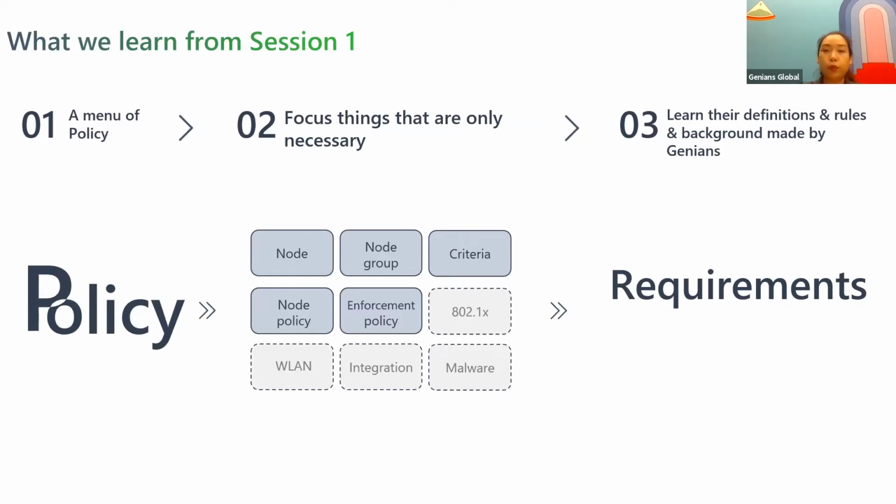The approach I want to use is telling you the history and background, such as why you should click this button and why you should step this way, which has not been told to you yet. I hope this approach helps solve your questions and doubts while you set a policy in the Genian admin console.